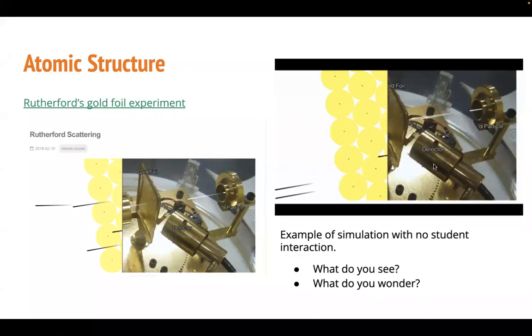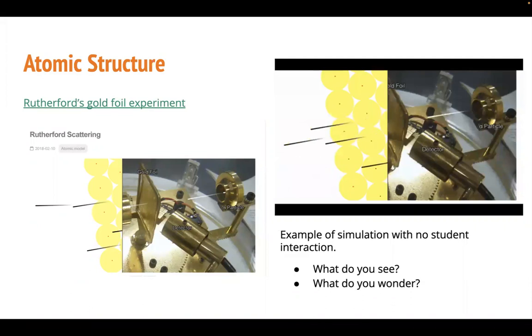So the students can see either all the alpha particles going through this really thin piece of gold foil and how those alpha particles are behaving, or they can see the entire setup of what was happening with the gold foil experiment. So they have two perceptions of seeing it, a macroscopic and a microscopic, a real world situation, and then a model of this.